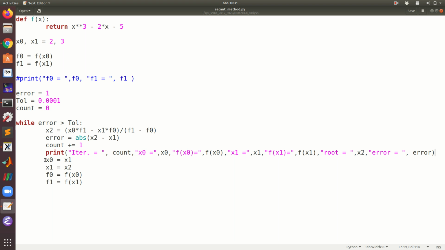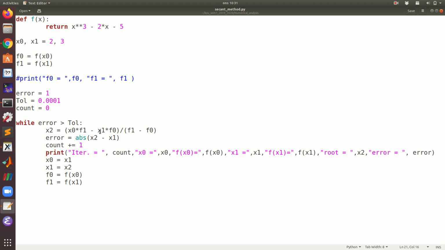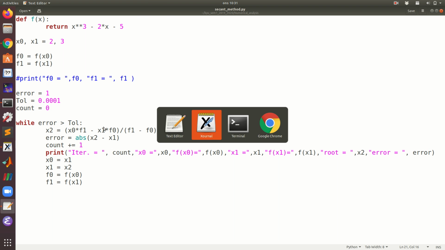So the update here is the most important. Please note that x0 now becomes x1, and then x1 now takes on the value of x2. Let's see here in the notes.